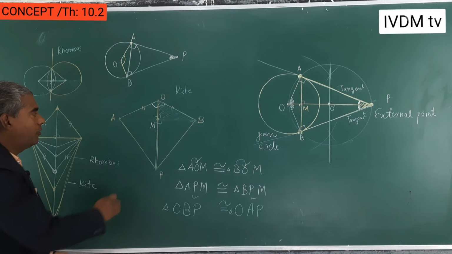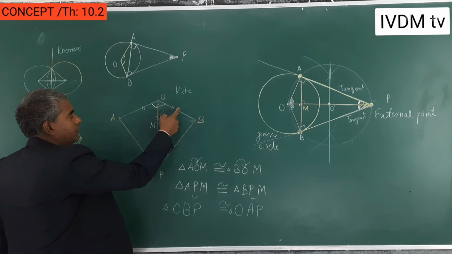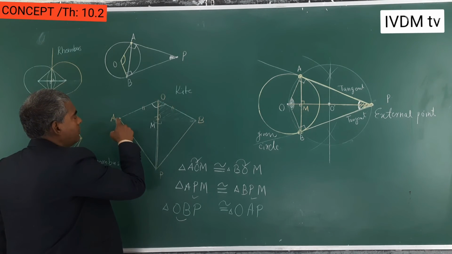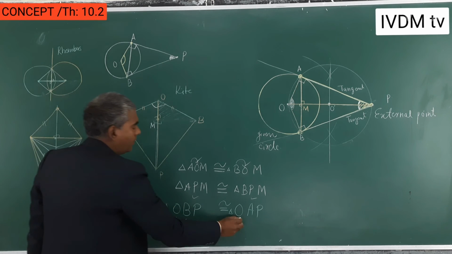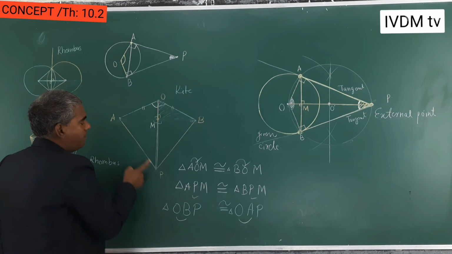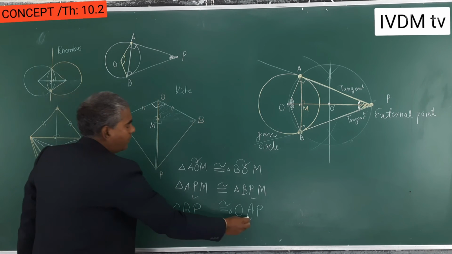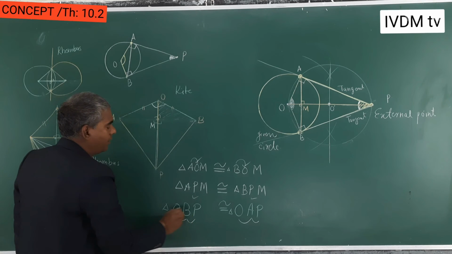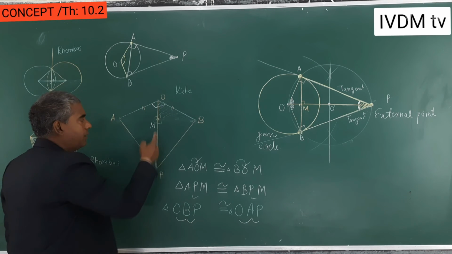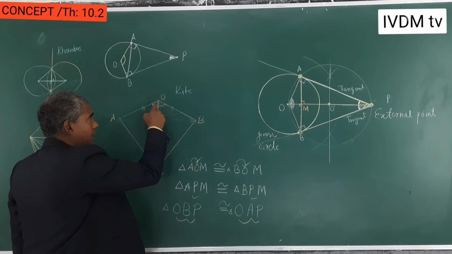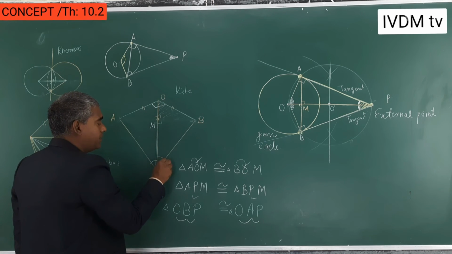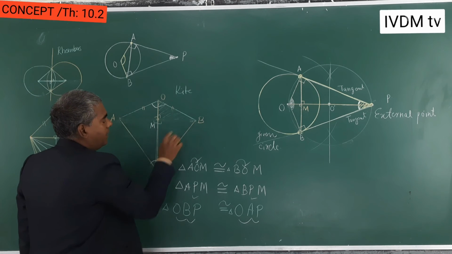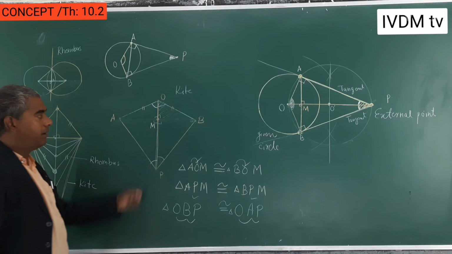In these two triangles, this one is equal to this one, meaning OB is equal to OA, and AP is equal to BP, and PO is common. So in this case, this angle is equal to this angle, equal to this, meaning the angle is also bisected. This diagonal is bisected, and this angle is also bisected by this diagonal.